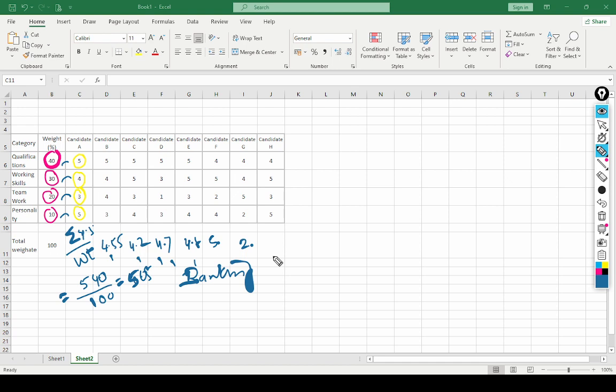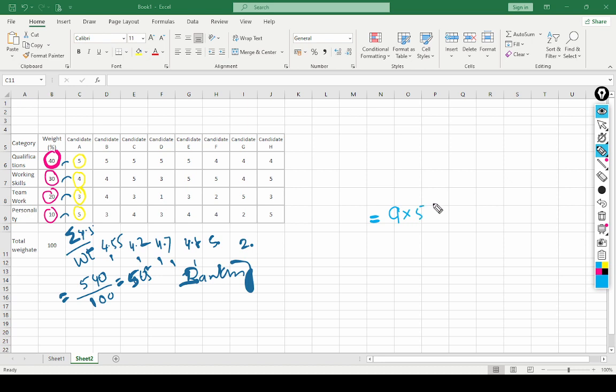Now what is the formula? If I write the formula, qualification into 5, agree?